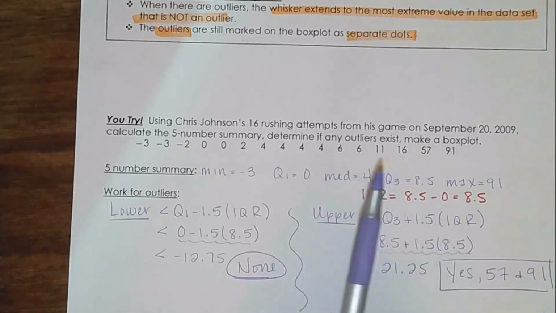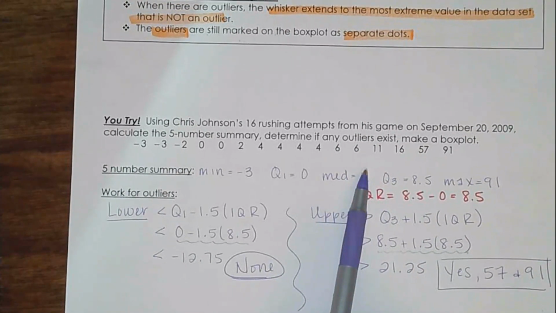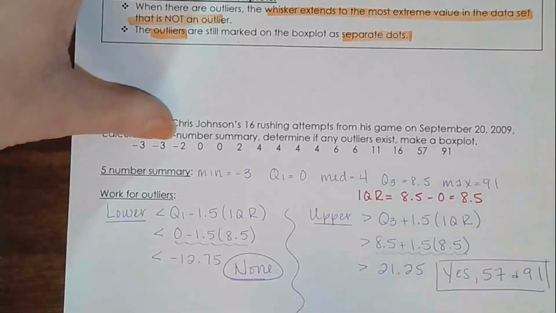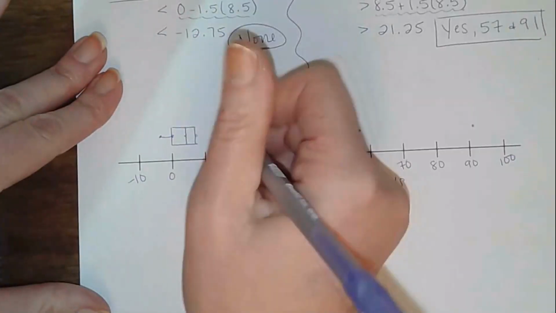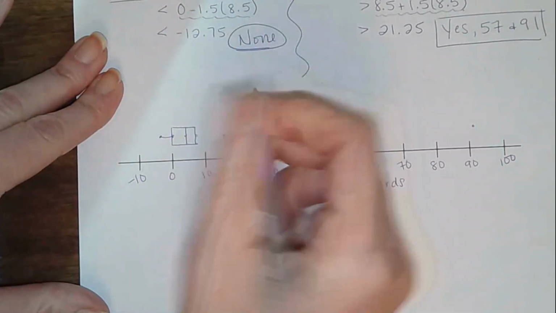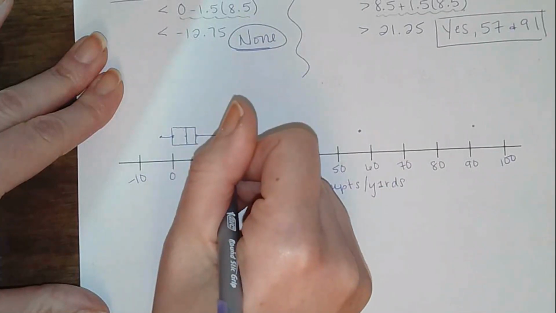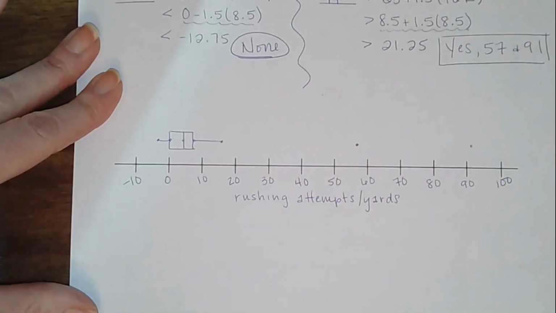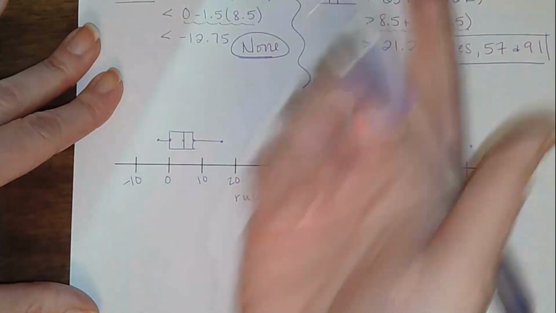What is your highest non-outlier value? 16. So your upper whisker will go to 16. And then you put a title. I will say Chris Johnson's rushing attempts.